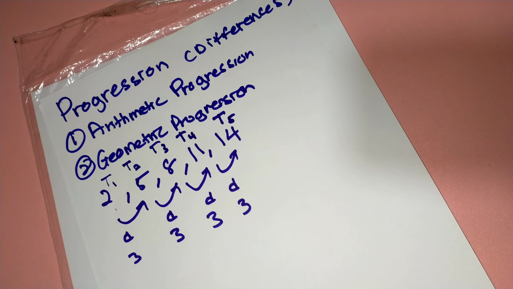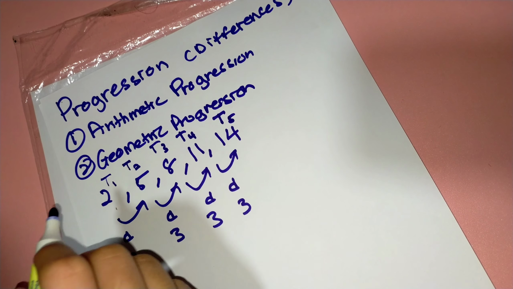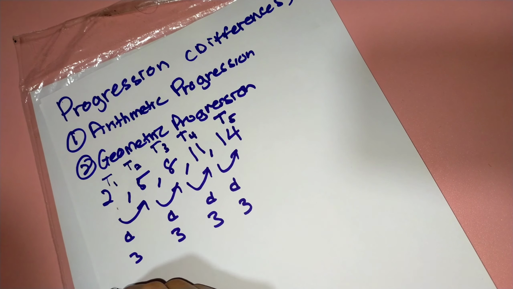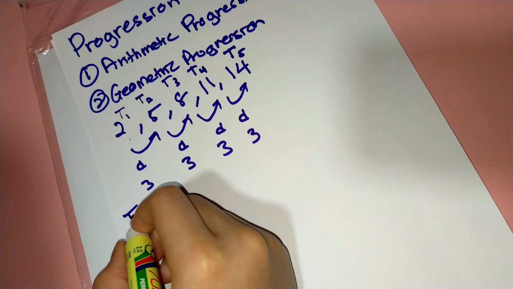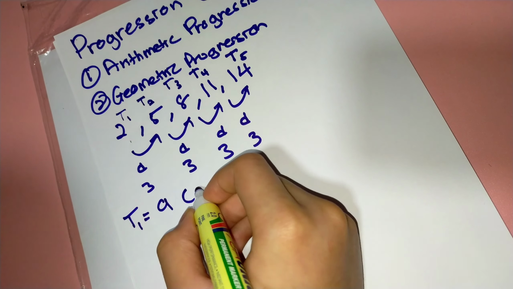Okay, it's quite easy. So basically the question will ask us to find the first term, which is A. We can simplify it like this: T1 is equal to A, which is first term.